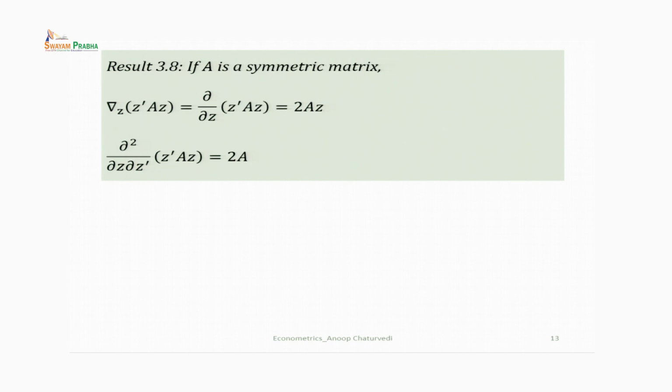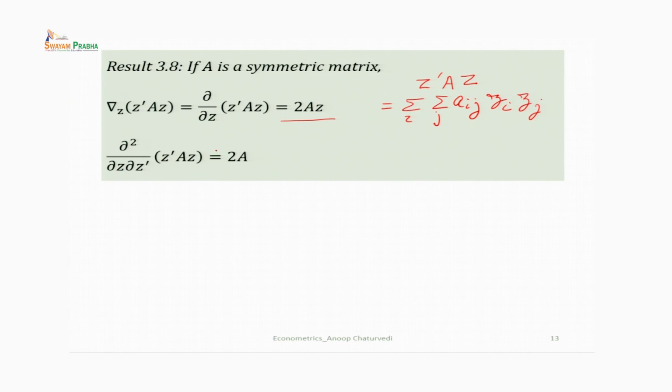To verify this result, of course, I am not going to give you the details of the proof, but you just write Z transpose A z as summation i summation j A i j Z i Z j, where A i j is the ijth element of capital A. And remember that A i j is equal to A j i, and then you differentiate it with respect to Z i, and then you can verify this result.